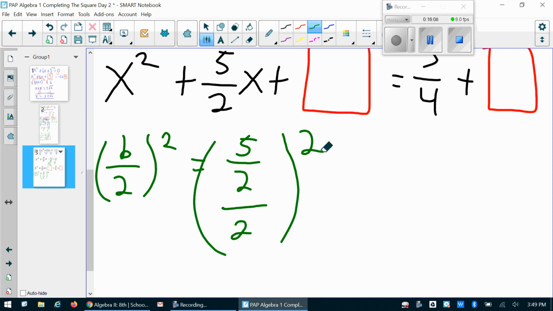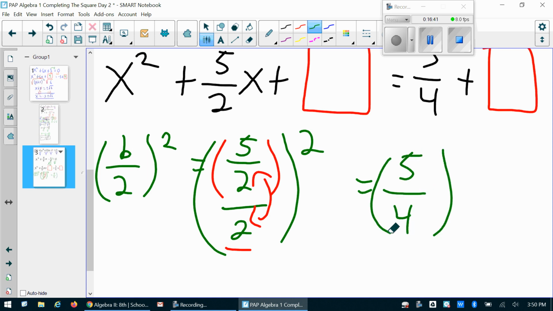That just looks confusing. But if you will use your parentheses appropriately, this is not too bad. You're dividing 5 over 2 by 2. Okay, so those parentheses I just put in red, if you'll put those there, that makes this a little bit better. When I divide a fraction by a whole number, I multiply those two bottom numbers together. And so what I have is 5 over 4, because 2 times 2 is 4, and that is still all being squared.